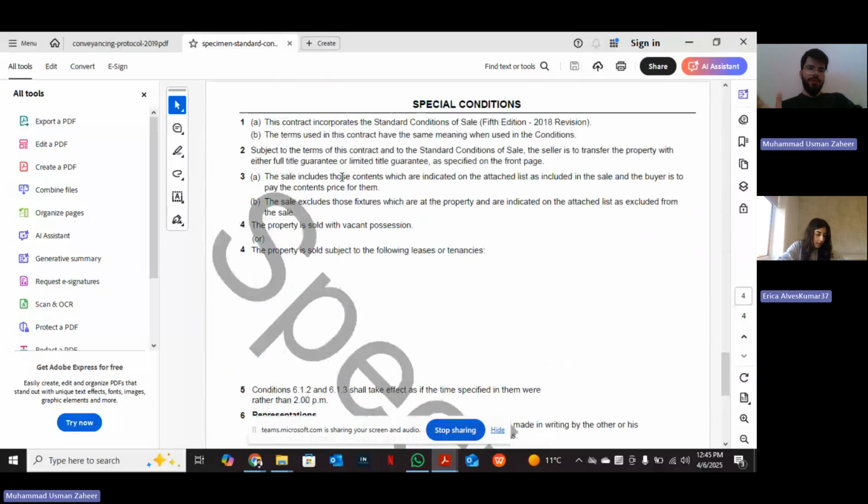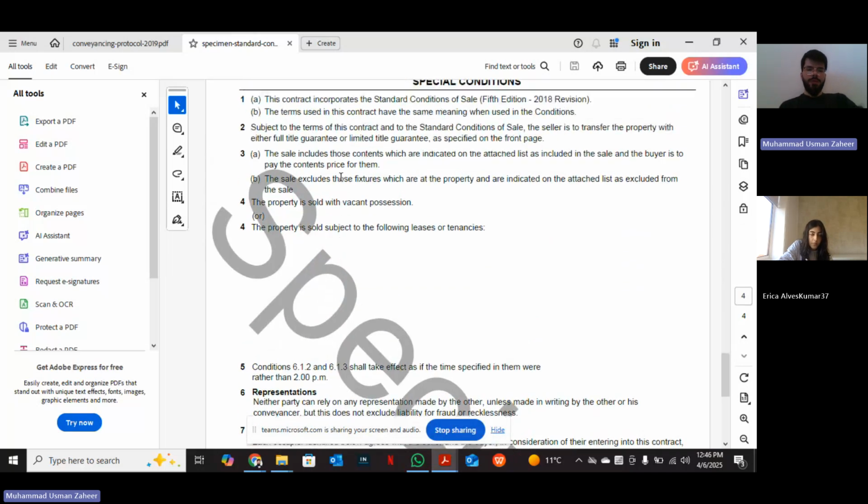These special conditions should have the contract number one: the contract incorporates the standard conditions of sale. The terms used in this contract have the same meaning when used in the conditions. Subject to the terms of this contract and to the standard conditions of sale, the seller is to transfer with either full title guarantee or limited title guarantee as specified in the front page.